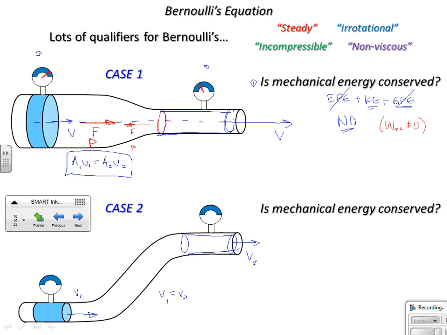Forget about the EPE. We have KE and GPE. KE doesn't change, but GPE does. We have a difference in height. So mechanical energy, again, is not conserved. That means, again, that WNC is not 0. Sorry, duh.